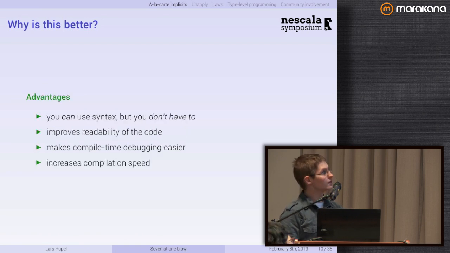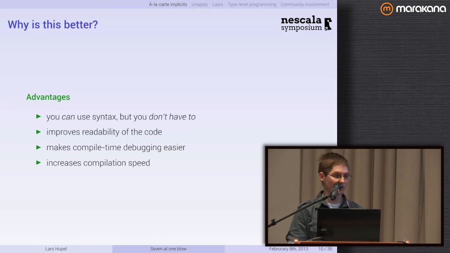But there are also advantages. You can use the syntax, but you don't have to. So if you decide to just use the type class instances and write everything with type class dot append or add and then two parameters, and you choose to not use the syntax, that's fine. You can just import the type class instances and everything works well. And also it improves readability of the code.